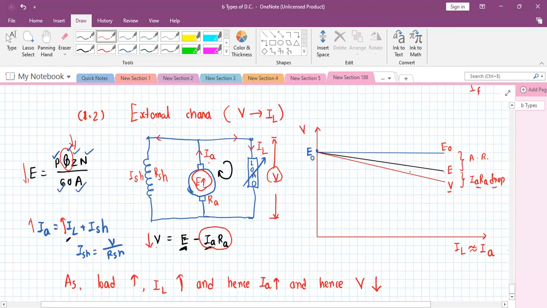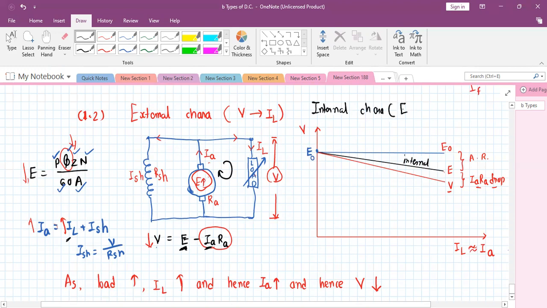So to draw the internal and external characteristics in the same graph, see, this black one is our internal characteristic. What is the internal characteristic? It is the graph of which versus which?